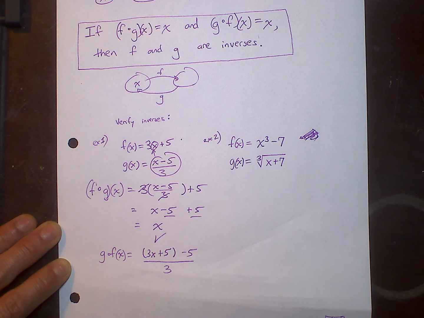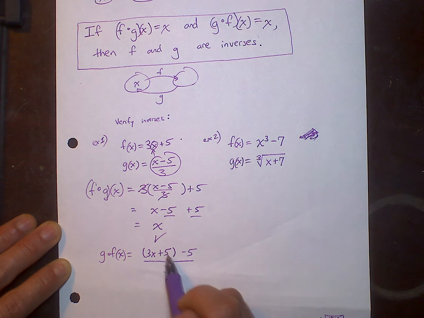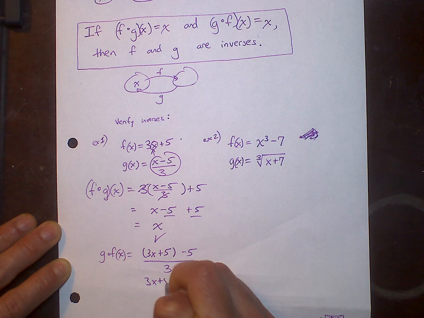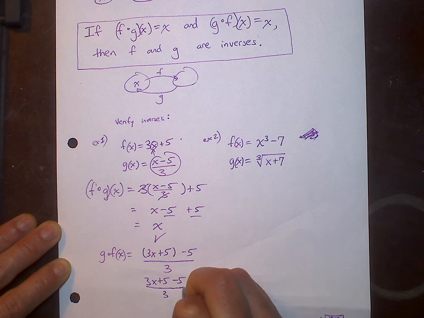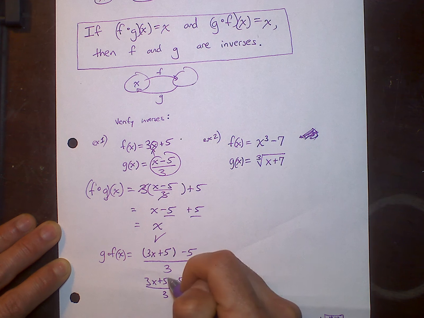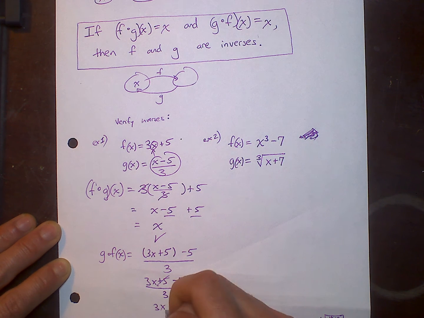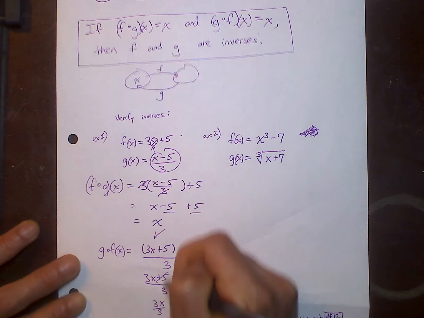In this case, there's nothing to distribute. Rewrite that, 3x plus 5 minus 5. The first thing to cancel out this time, in comparison, are the 5's. Bring down the 3x over 3.